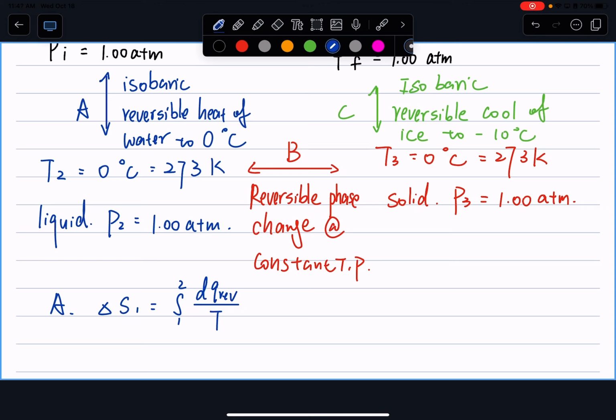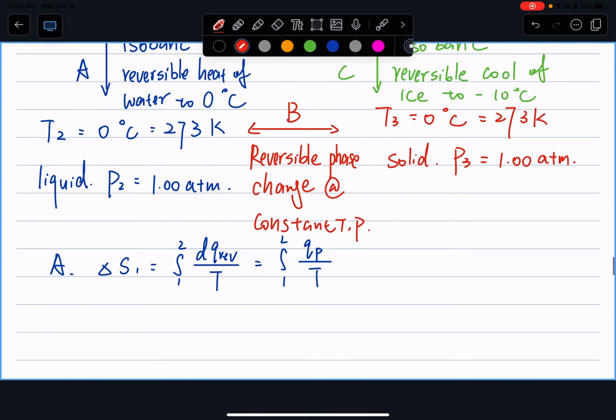At constant pressure, your q_rev just equals q_P. And again, for this process at constant pressure, you have an idea about how to calculate that q_P for our first step.